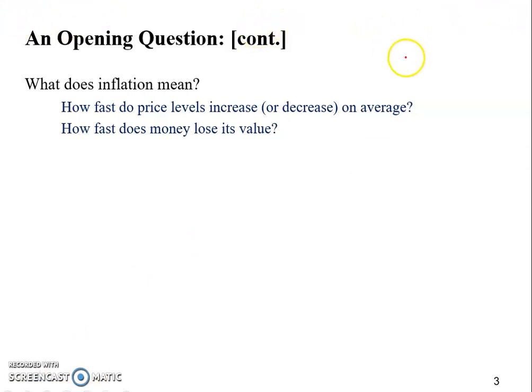When we think about the price levels, for example, if we look at the orange price between 1970 and 2020. Let's say in 1970 we could purchase an orange at 25 cents.